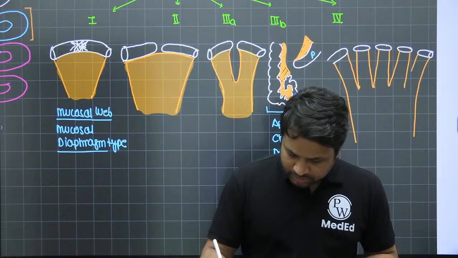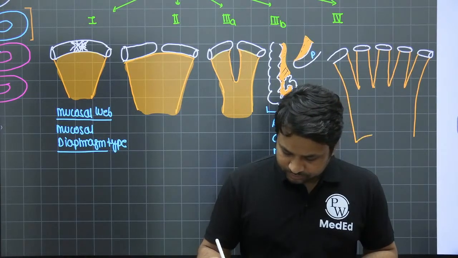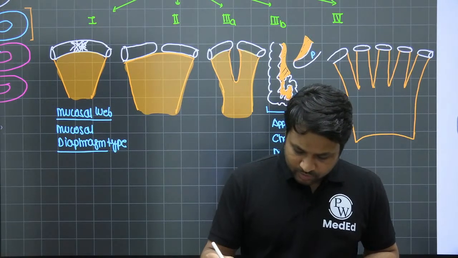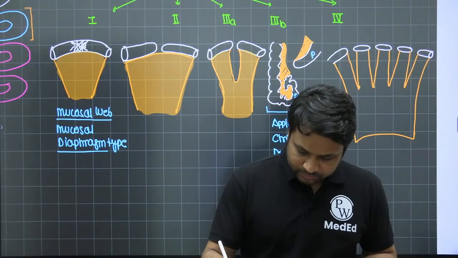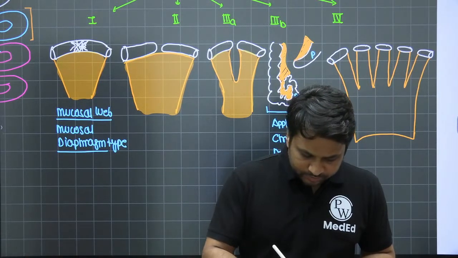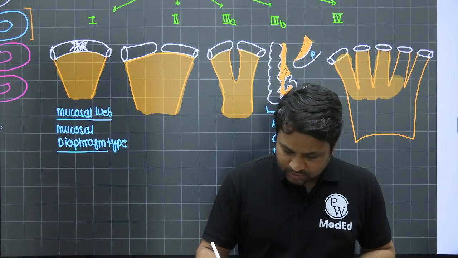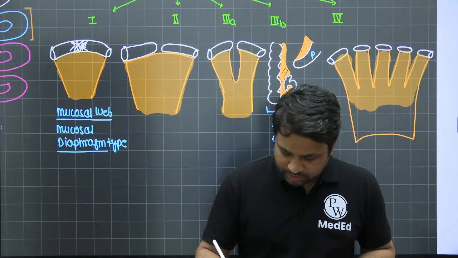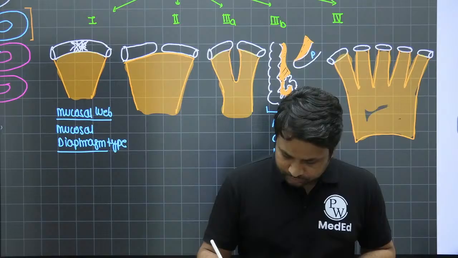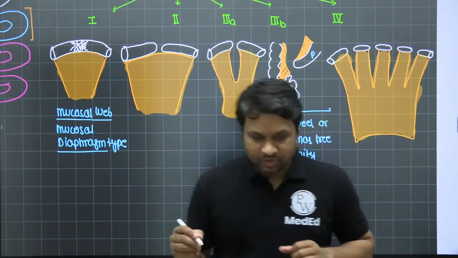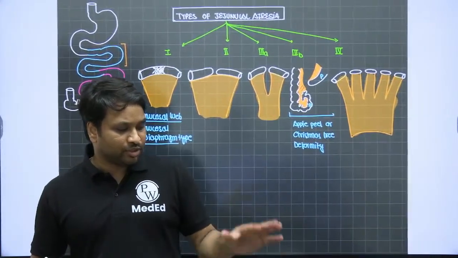This is what we call the sausage variety of the jejunal atresia.